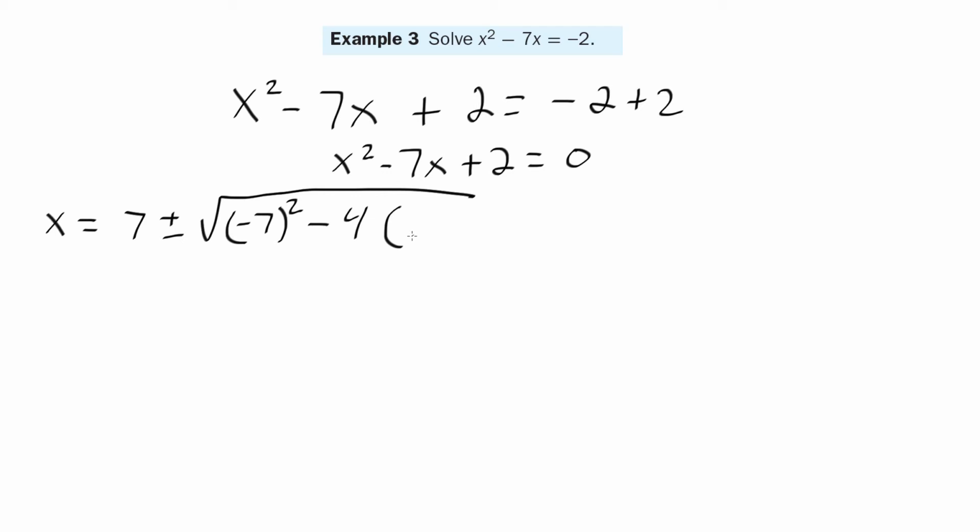A is 1, C is 2. That's going to be all over 2 times A, which is just going to be 2, so 2 times 1.